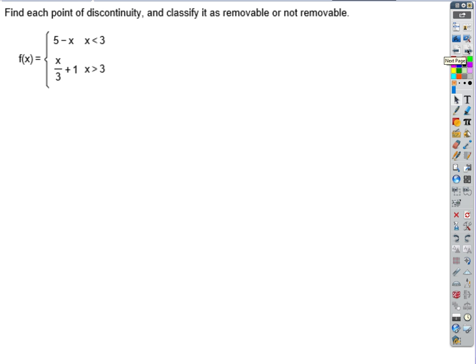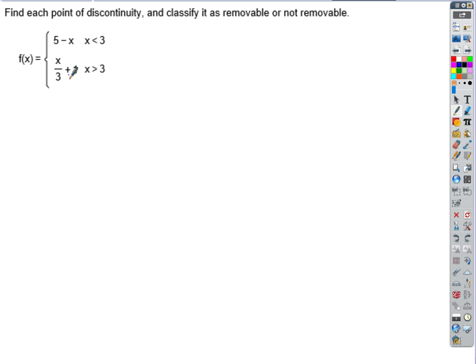In this one, you have to find any discontinuities and then classify them as removable or non-removable. It's just one of many different kinds of problems you could get. So where would a discontinuity be located? Let's see hands. Yes, sir. x equals 3. No other place, right? Both pieces of the function are fine by themselves.